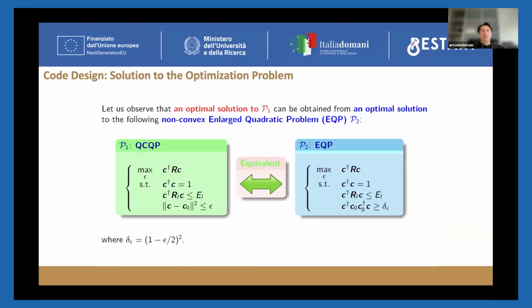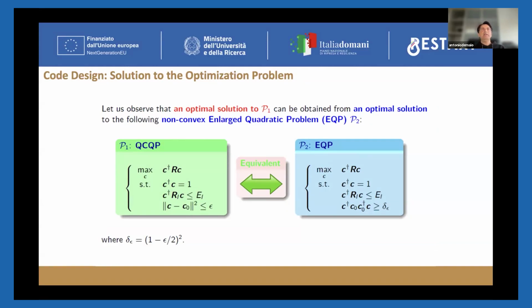Let us now focus on the code synthesis method. To this end, let us observe that the original design problem P1, which is in the left part of this slide, is equivalent to the non-convex enlarged quadratic problem P2, which is given on the right of this slide.